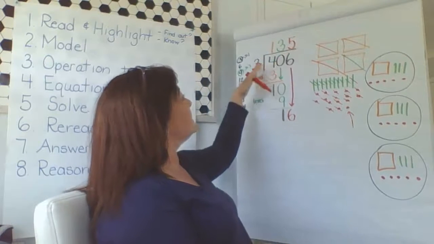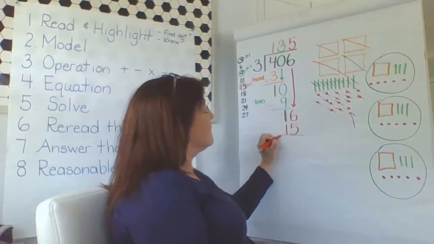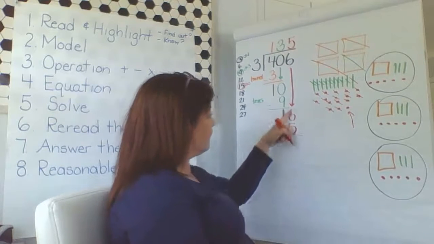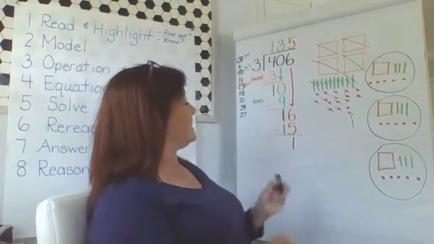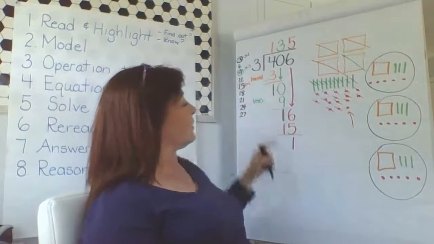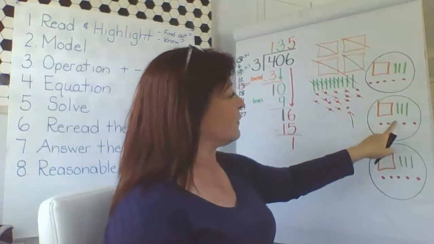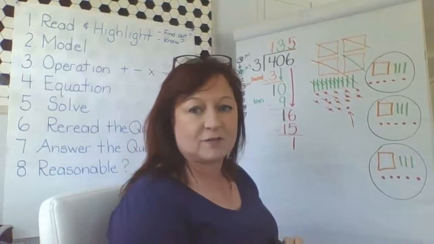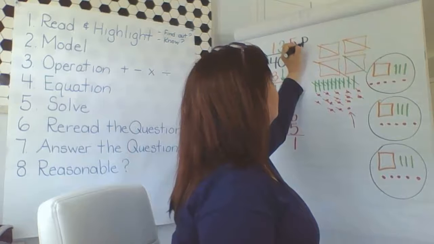Well, 3 times 5 is 15. And 16 take away 15 equals 1. So I end up with 135 in each of my groups, 135, 135, 135 in each of my groups. And there is a remainder of 1.